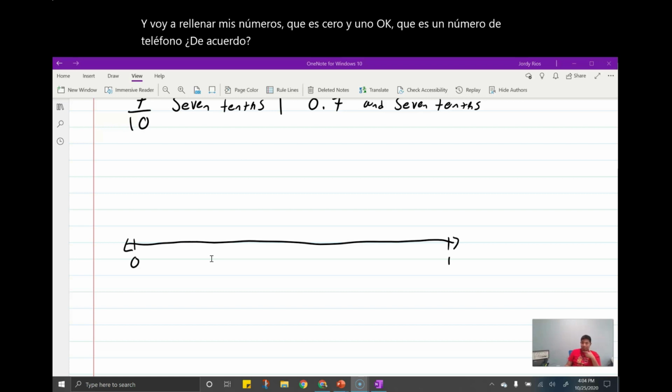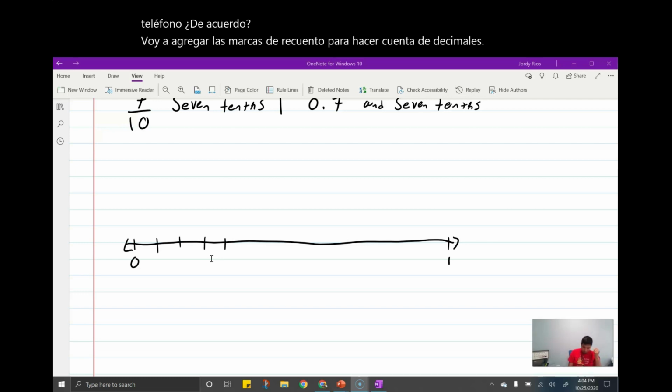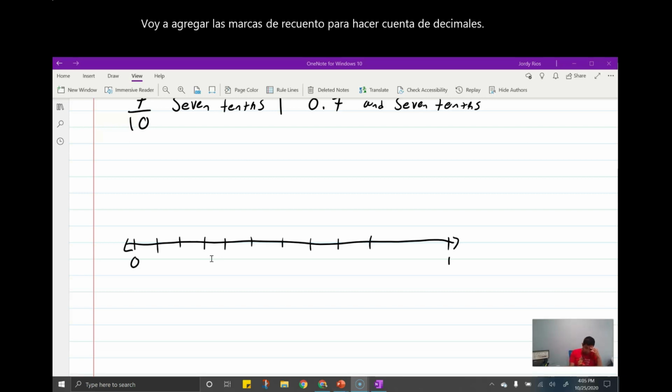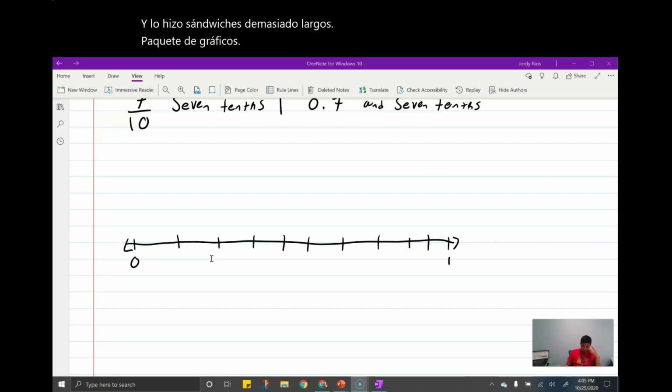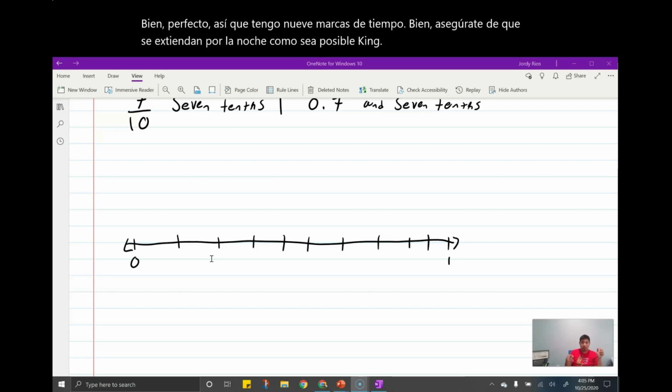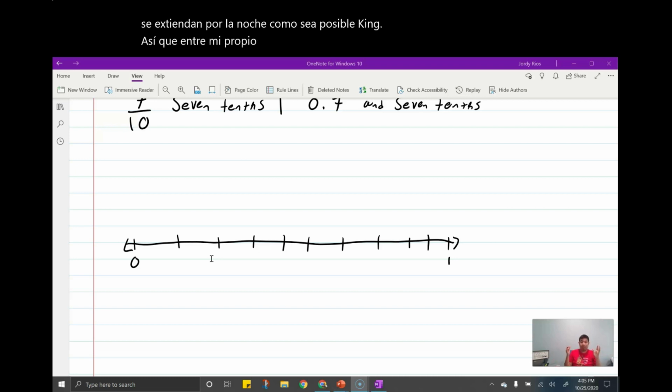And I'm gonna add in the tally marks for my decimal, okay? I made it to 1 with this. Go ahead and fix that. Okay, perfect. So I have 9 tally marks, okay? Make sure you make them spread out as evenly as possible, okay? So between my whole number, 0 and 1, if I have 9 tally marks in the middle, I know I'm going to use a 10th place, okay?